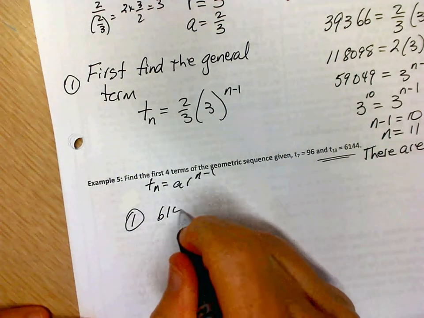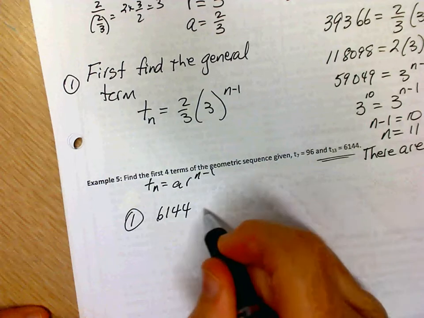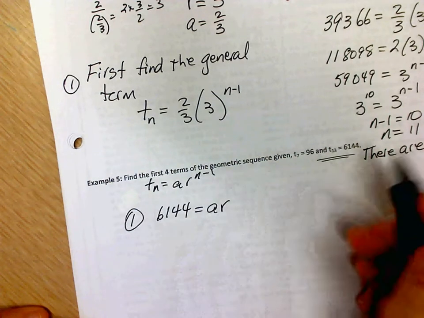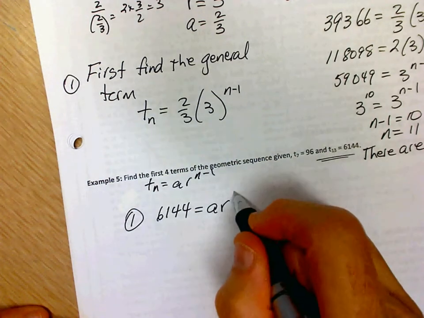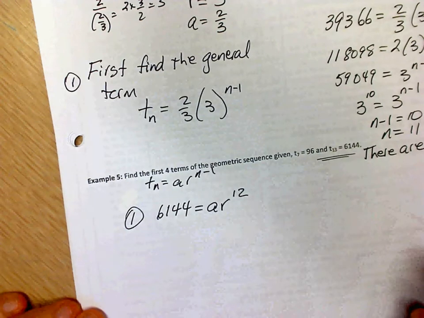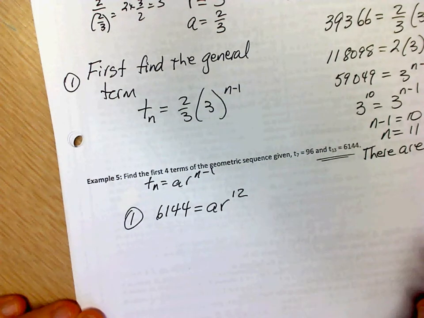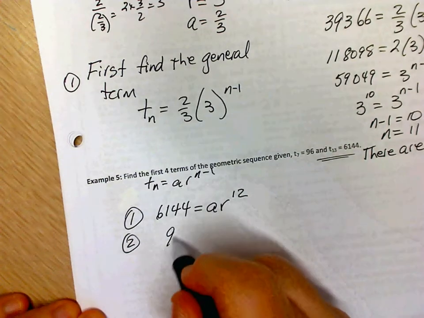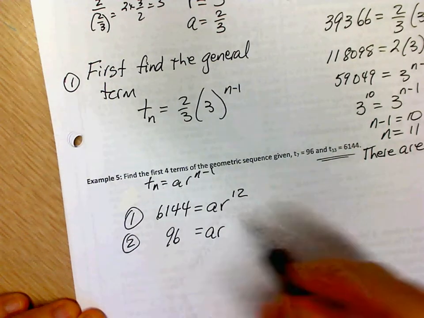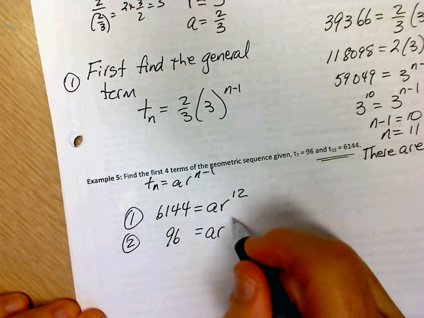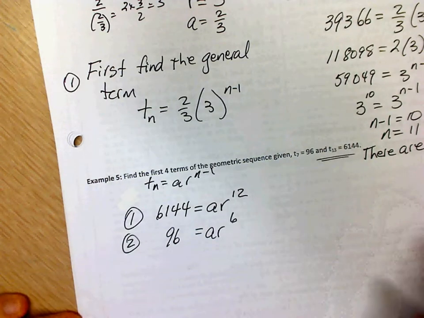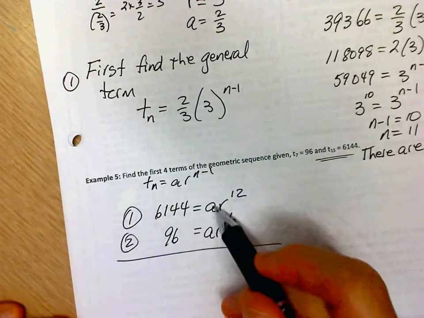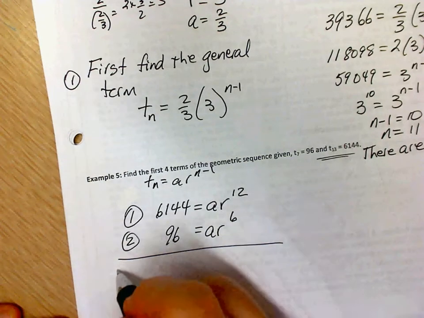Equation 1: 6144 is equal to A R to the 13 minus 1, which is 12. Agreed? Equation 2: 96 equals A R to the 7 minus 1, which is 6.